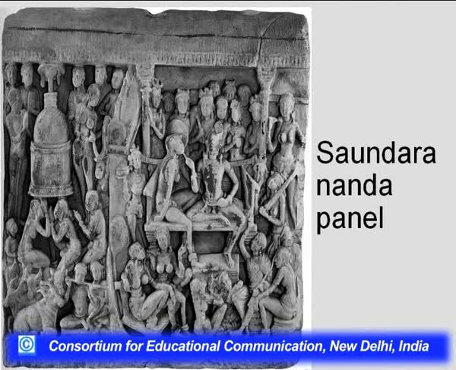But the story that it represents is probably something that was common to both the visual as well as the literary tradition. Here you see the king, Nanda, who is a cousin of Buddha, disporting with his wife Sundari in the palace.